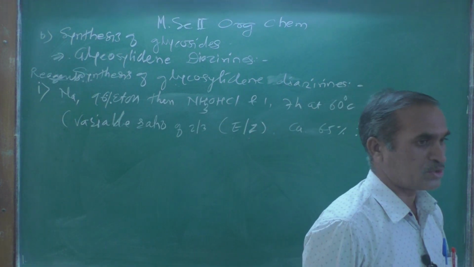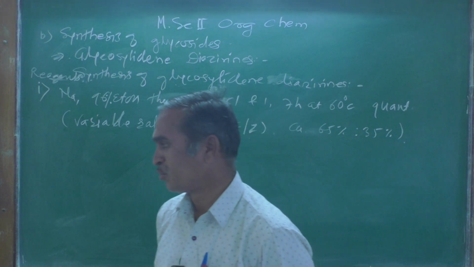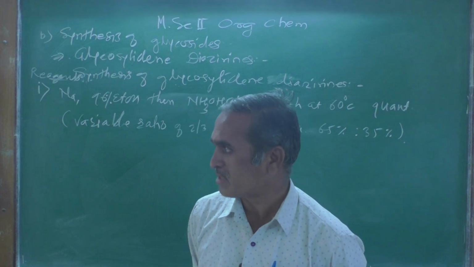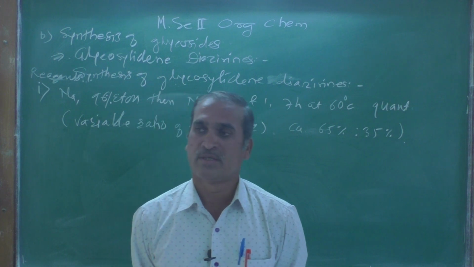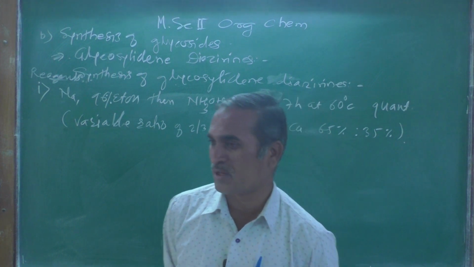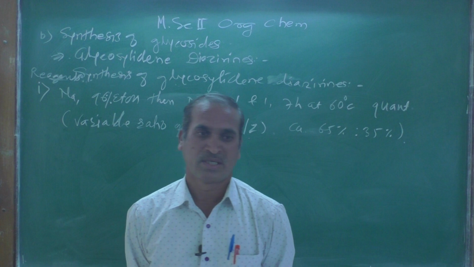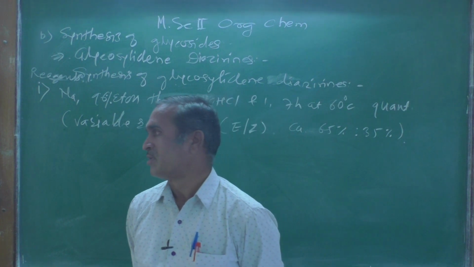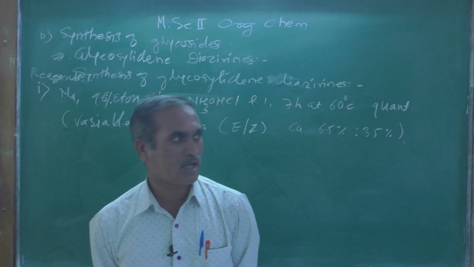Now here, if you see the simplest structure, suppose 2-butene, it exists in two forms, generally cis and trans. And as we know, what does cis isomer mean? Similar groups on the same side of the carbon-carbon double bond are termed a cis isomer, whereas trans isomer means the similar groups are on opposite sides of the carbon-carbon double bond.